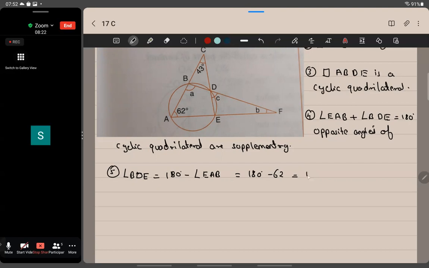So sixth point, angle EDF is equal to 180 degree minus angle BDE. Reason, linear pair, or we can use straight line property.